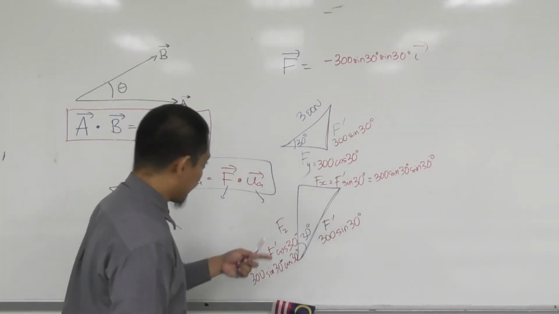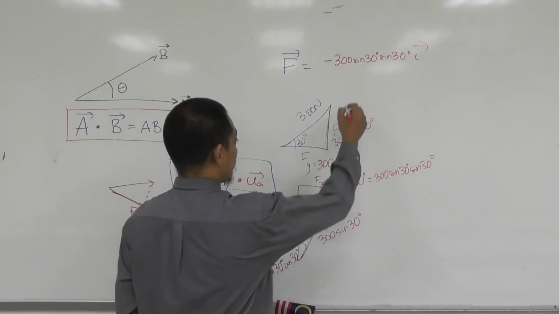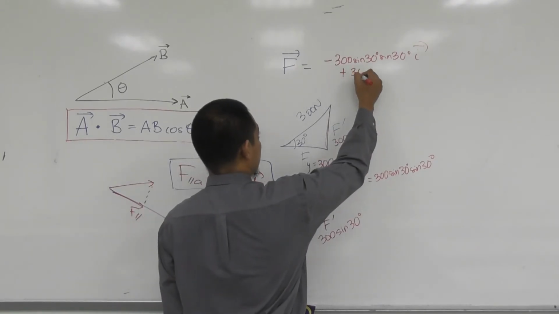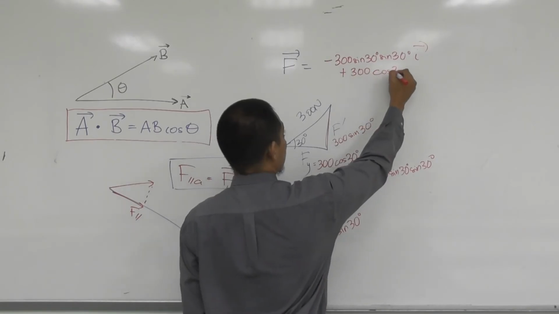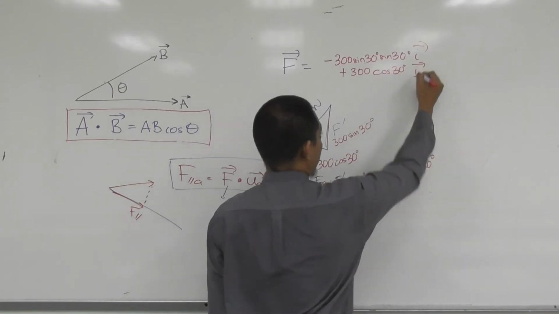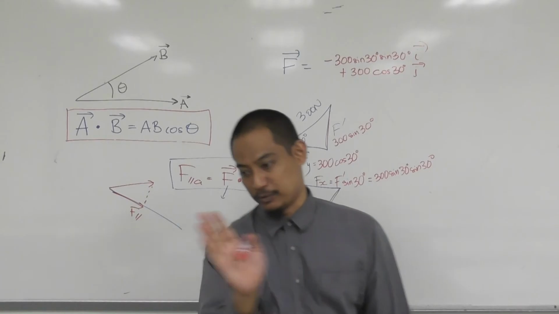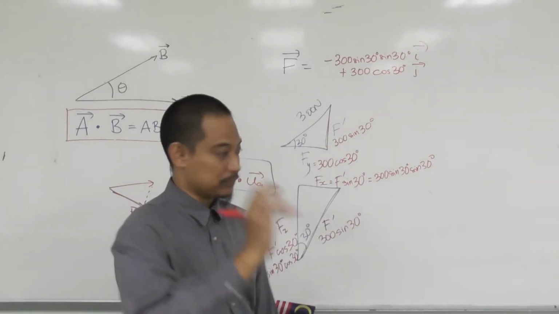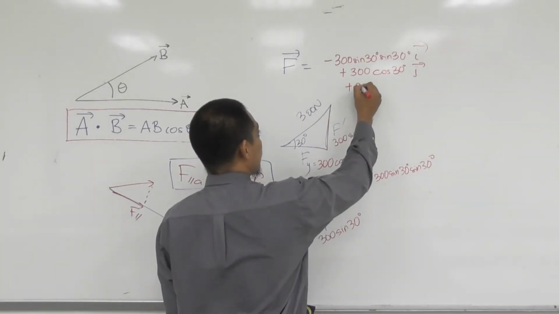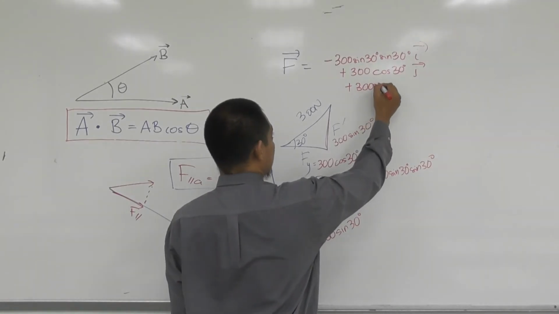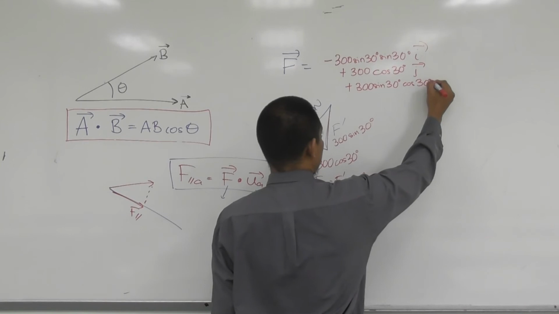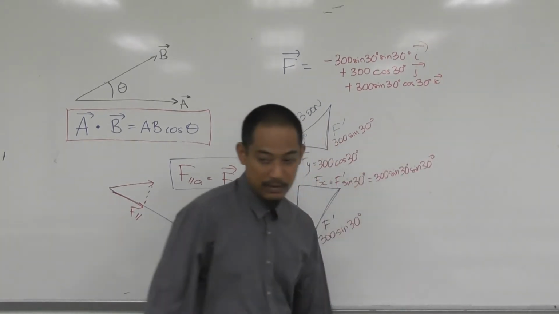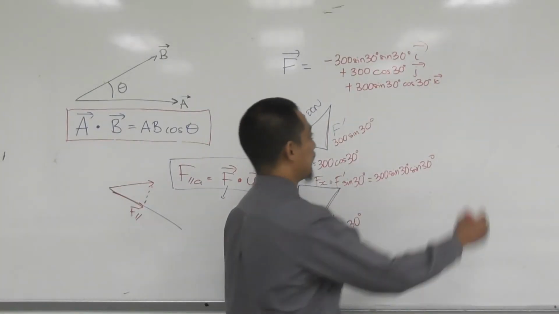And then for y is this one, plus 300 cos 30 degrees j. It is plus, right? Because it's positive y. And z is going up, so plus 300 sine 30 cos 30 k. And this is in Newton, right?